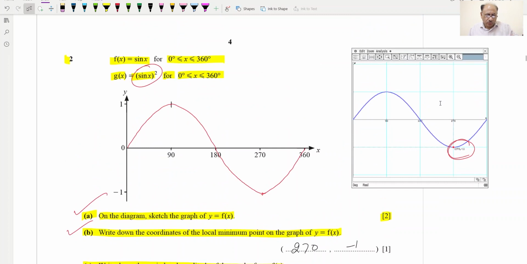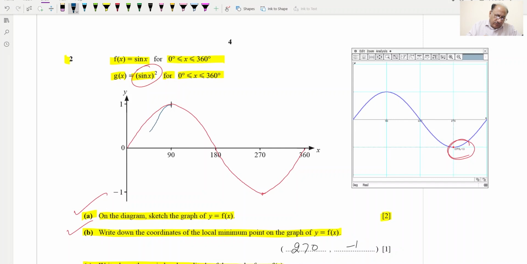So if I change the color, I'll take the blue one, and it is basically 90, and this will be up to 180. It will be varying like this one, and from here it will be turning from 180. I will redraw.